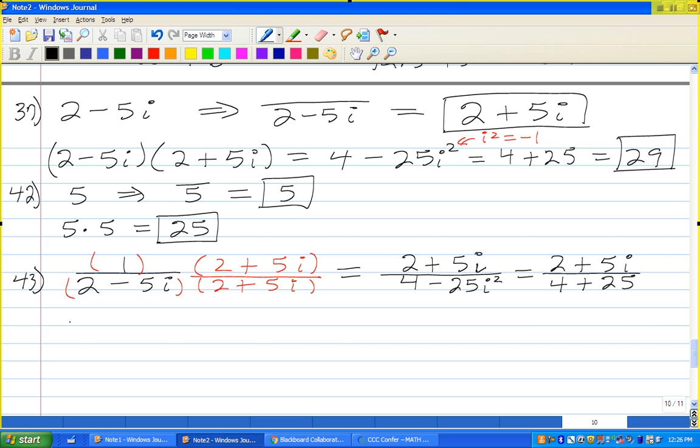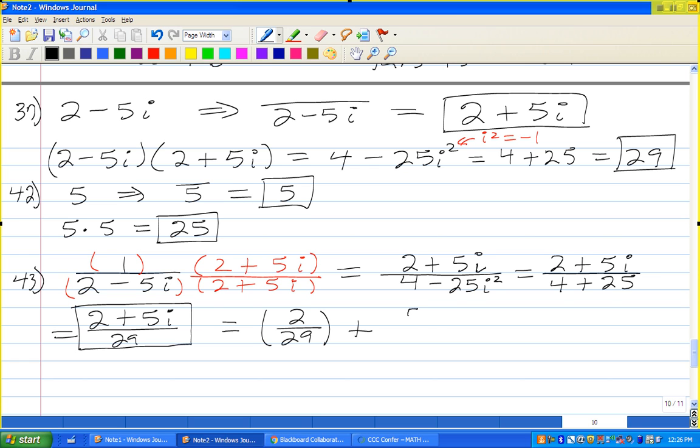And so this is equal to 2 plus 5i divided by 4 plus 25 is 29. And usually we would write it like this. But you want to write in standard form. So this is equal to 2 over 29 plus 5 over 29 i.